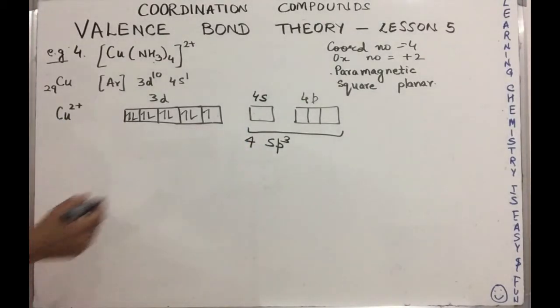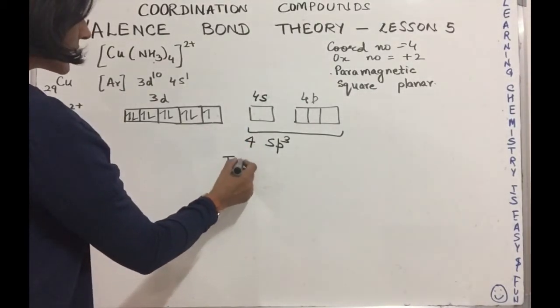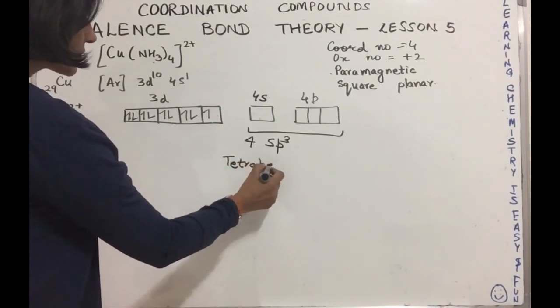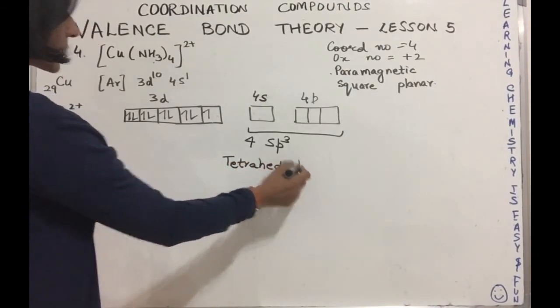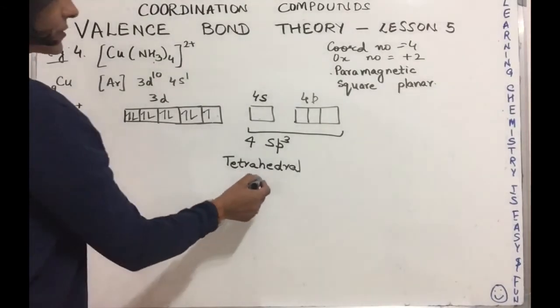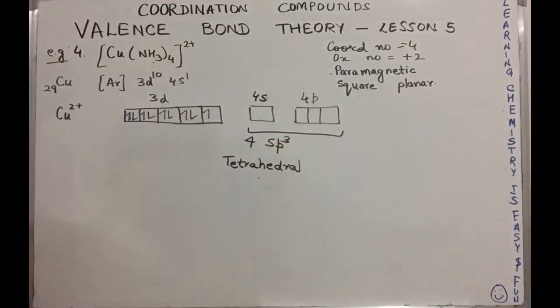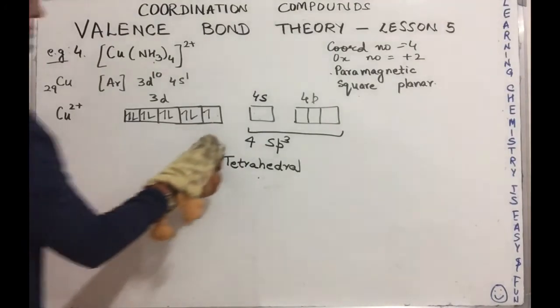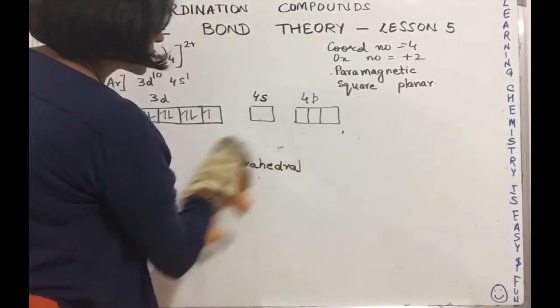What type of geometry? Tetrahedral, right? We did it a little while ago. sp3 hybridization, tetrahedral geometry. Oh no! Tetrahedral, square planar. Does it match? No way. So are we on the right track? No. Something is wrong. So this is ruled out.